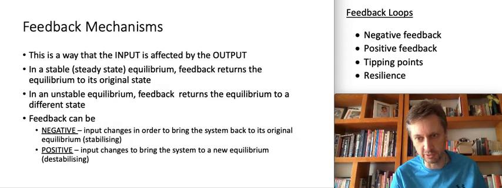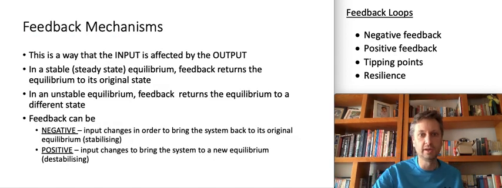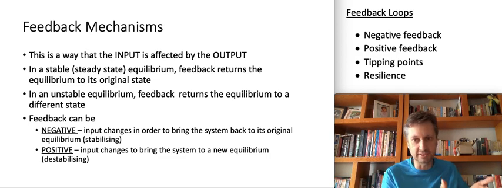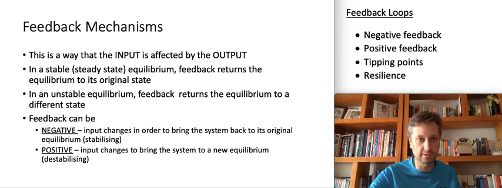We've covered this already, but I'll just mention it again. A feedback mechanism is the way that the output of a system affects the input. In a stable steady state equilibrium, feedback keeps you pretty much at the same set point, at the same equilibrium. I'll give you some examples of that in a second.